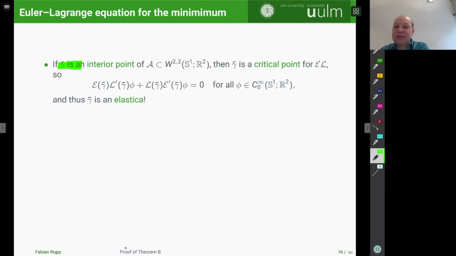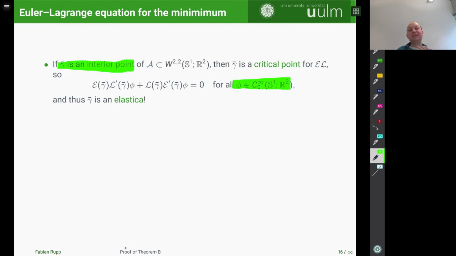So if gamma bar is an interior point, then we are allowed to vary in all directions phi, so we can perturb the curve in any direction phi, for any test function phi, and then we would be able to conclude that the first variation of the functional E times L vanishes, and this implies that gamma bar is an elastica.